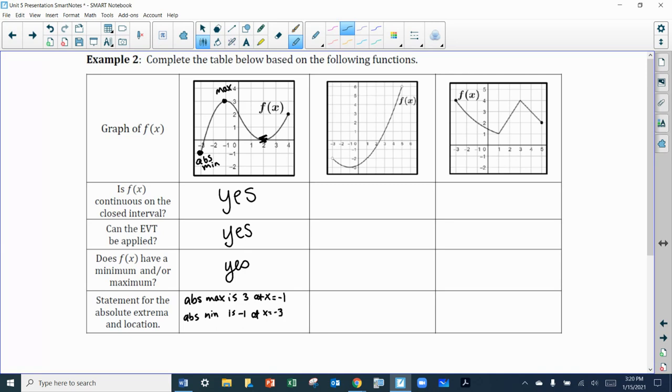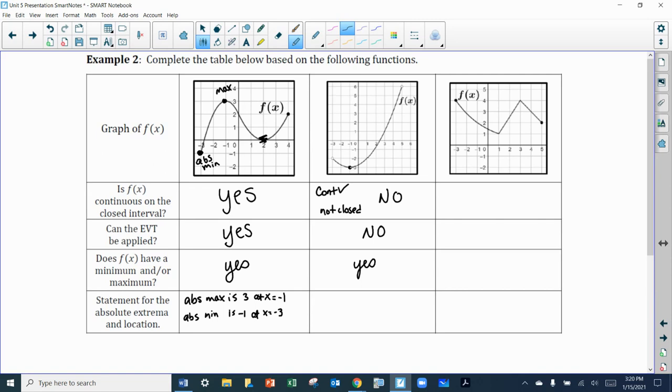The next middle function, is f continuous on the closed interval? It is continuous, but we don't have a closed interval. Not closed, right? So this would have to be a big fat no. Can I apply the EVT? No. Does it have a max or a min? Yes, it does. It actually has a min.